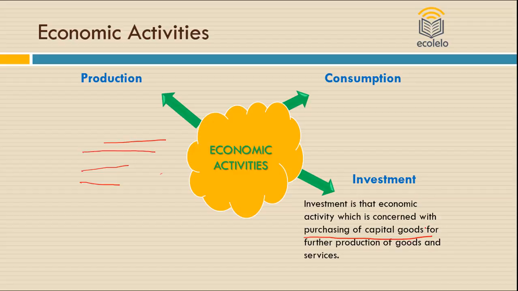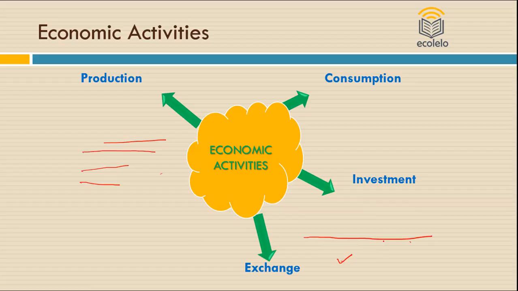So that tool you're buying, why you're buying that tool? For further production of goods and services. For example, I have bought this laptop. Why have I bought this laptop? So that I can teach you. So my motive is further production of a service, online teaching. But what I have bought for it? I have bought the laptop. So this laptop is a capital good.